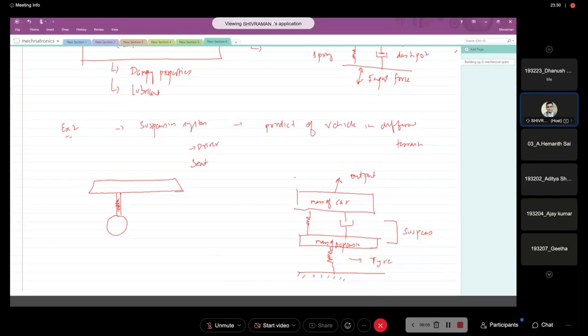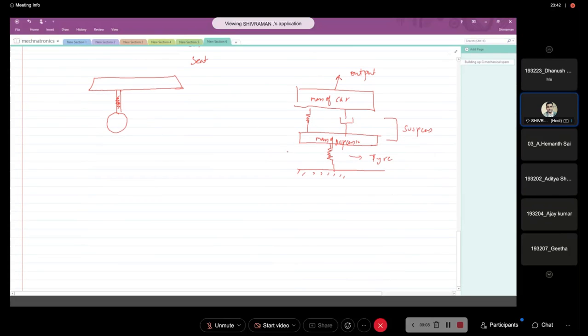So this is how you can represent the mechanical system with the help of spring and dashpot elements, and different mechanical systems can be represented. Through this mechanical system you can deduce the mathematical model which can help you to predict the behavior. Here we are focusing on the behavior of the suspension system in different terrain conditions.